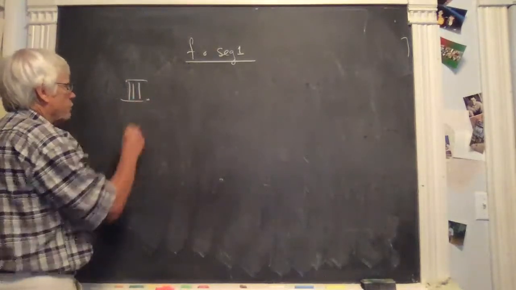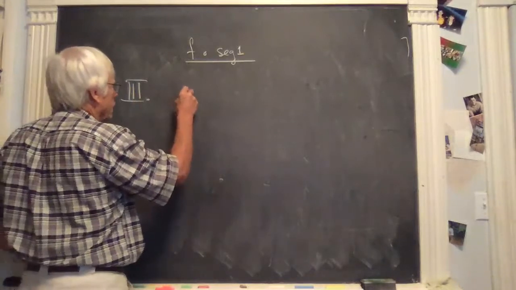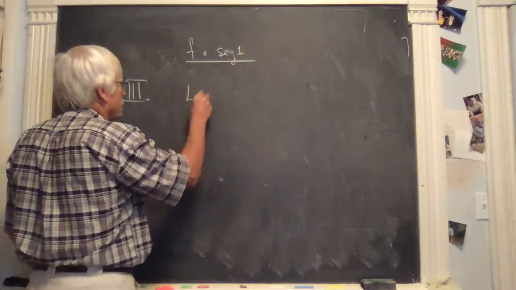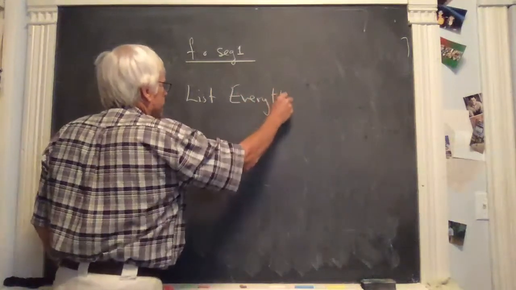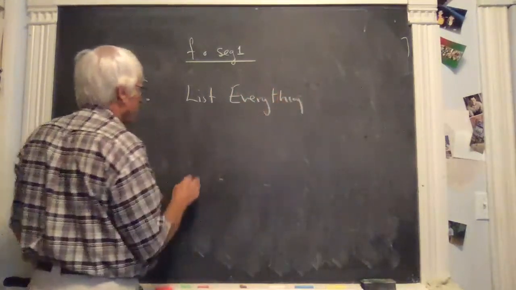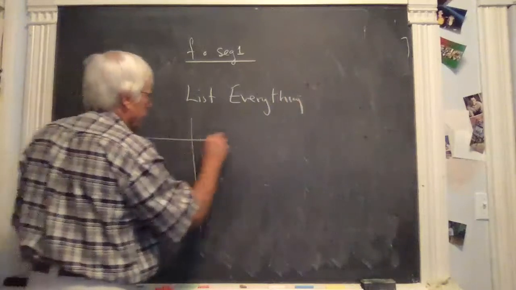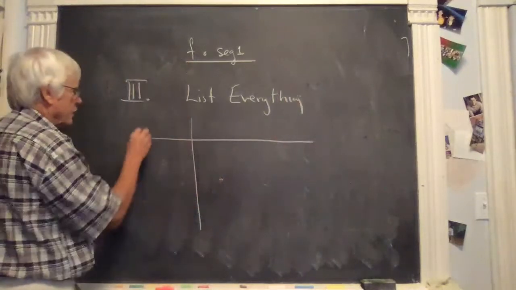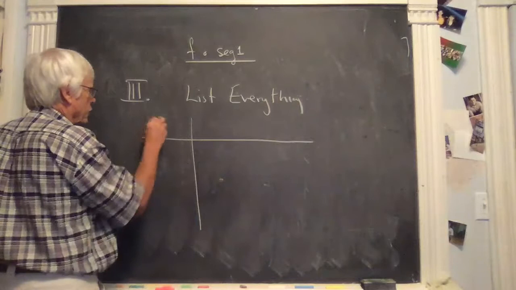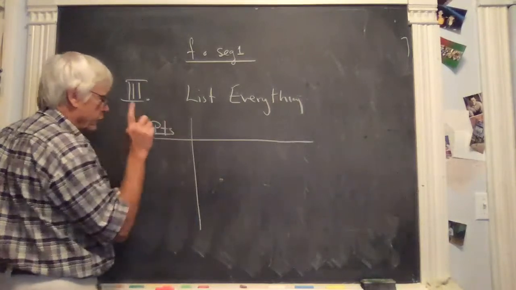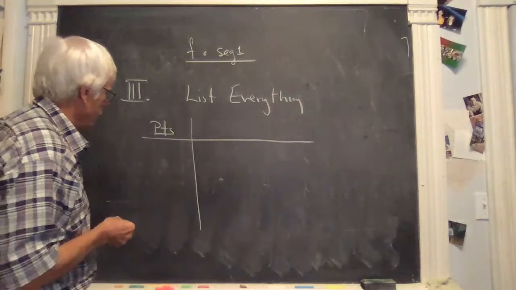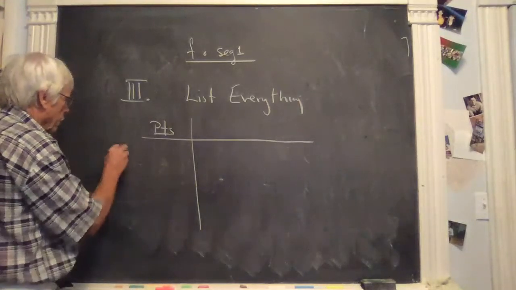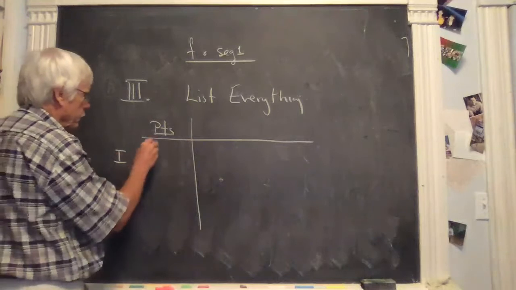There's a third step, and that's to chart all of these, or list everything. So we make a list of the points. We're just interested in the points now, not the parameterization that gave us these points. And from part 1, we have critical values.